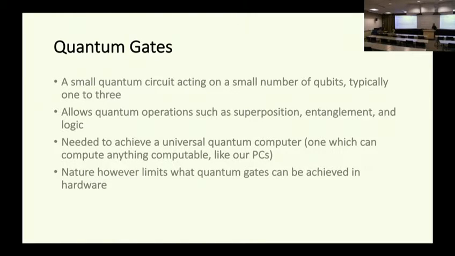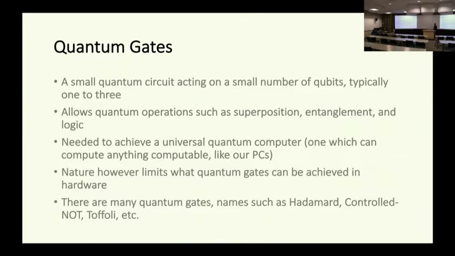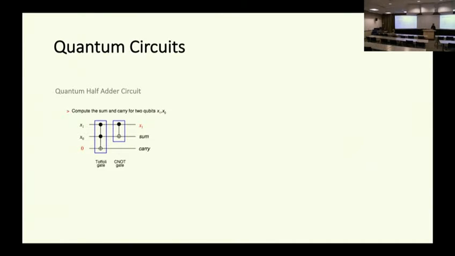But still, amazingly, many quantum gates have been achieved and are used that have normal names, like the controlled NOT gate. Some of these are the same as classical gates, but there are other ones called the Hadamard gate, Toffoli gate, Fredkin gate, things like that. Here, for example, is a quantum adder circuit, and it involves a Toffoli gate and a controlled NOT gate.